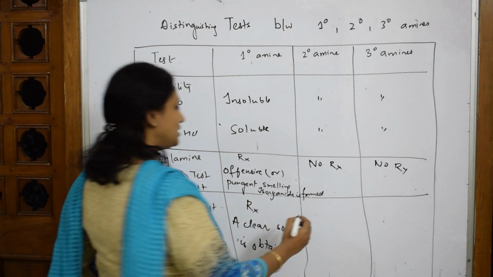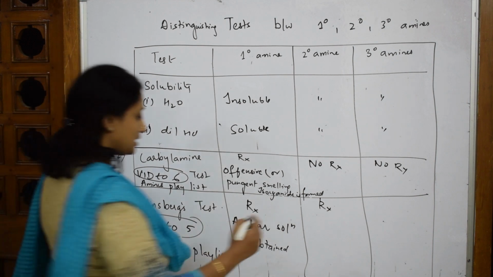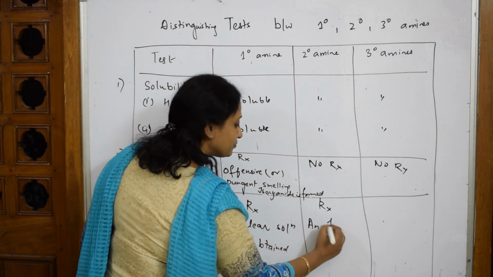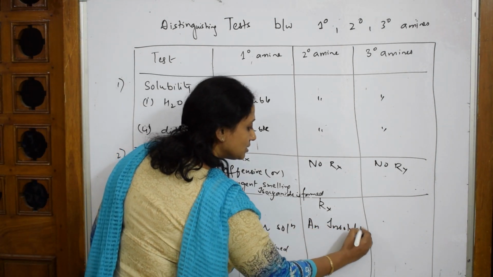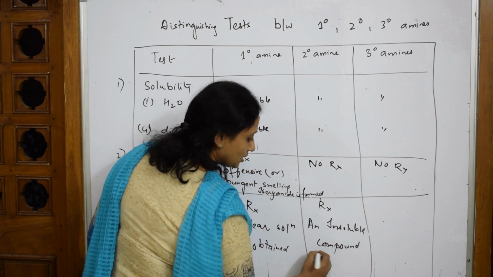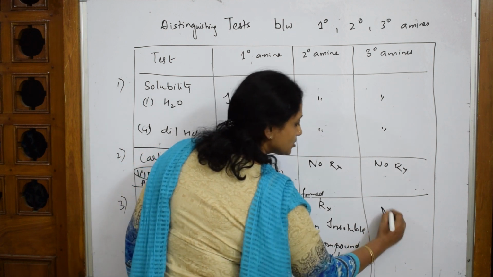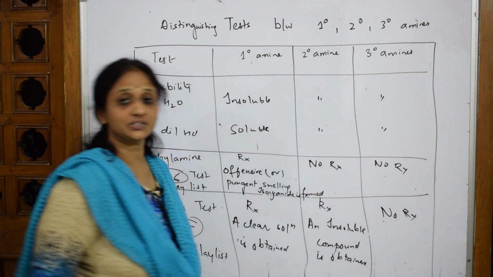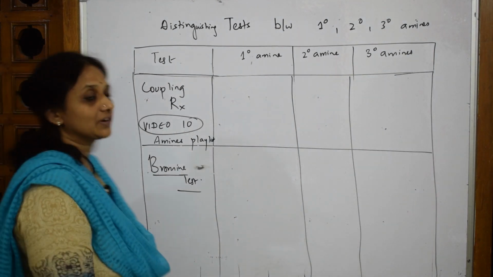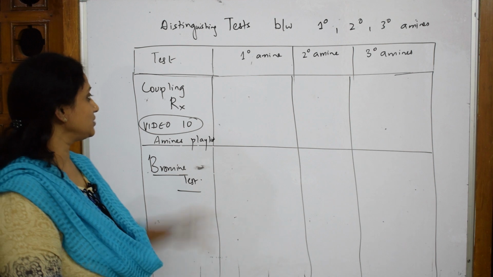And here, write the reaction again, which I already did under video number 5. And here, an insoluble compound is obtained. So for tertiary, there is no reaction with Hinsberg reagent. Right, now let us finish off the distinguishing test between primary, secondary and tertiary amine with these two tests.